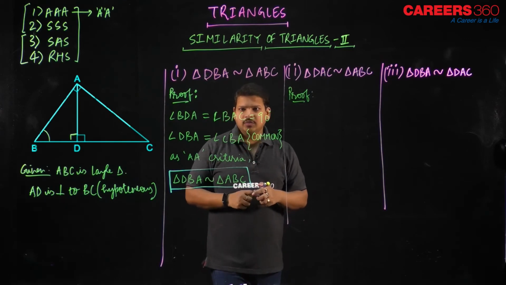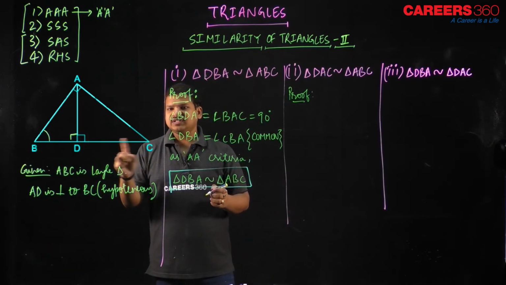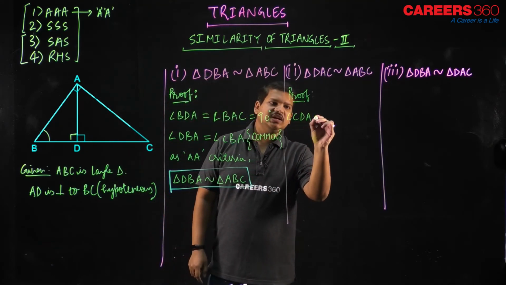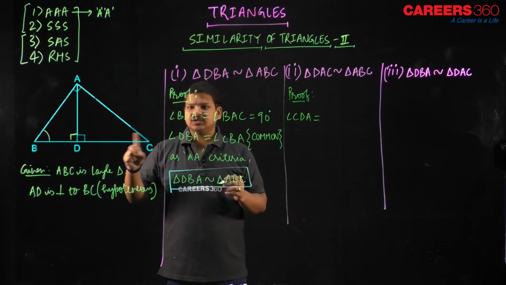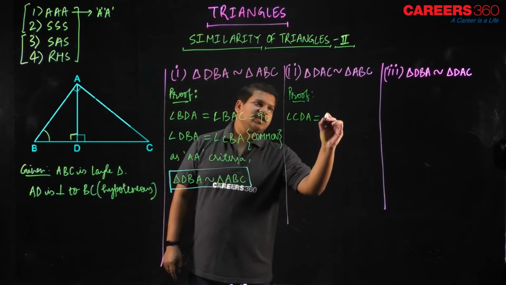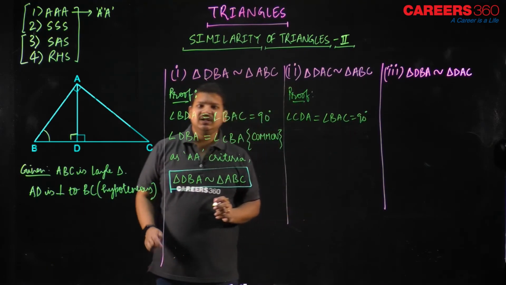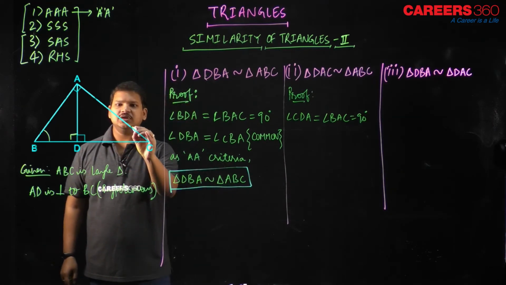Now, if I talk about the proof of this, again, angle CDA will be equal to angle BAC, that is nothing but 90 degrees. Similarly, I have this angle C over here common.